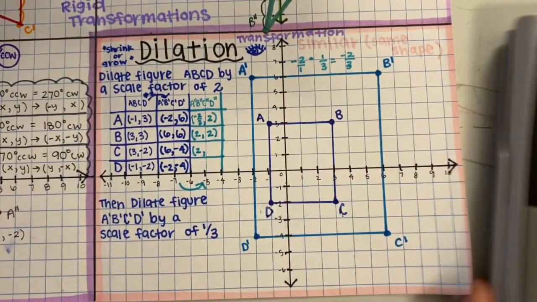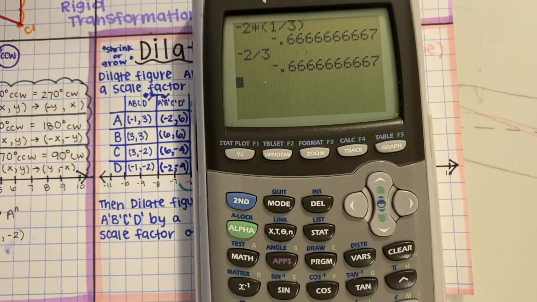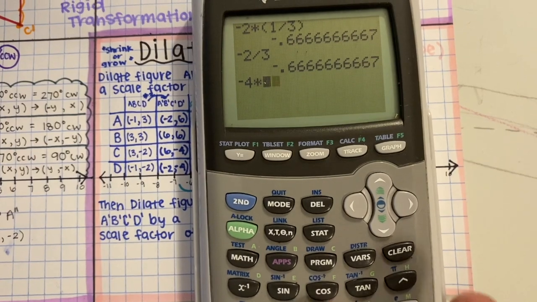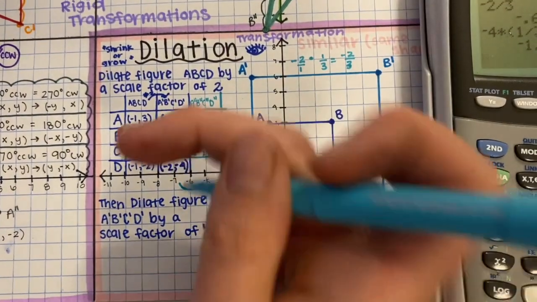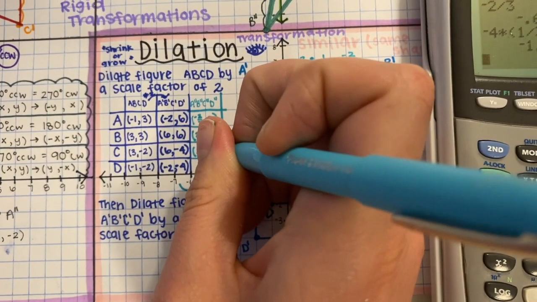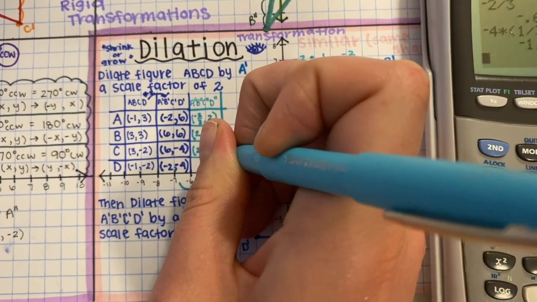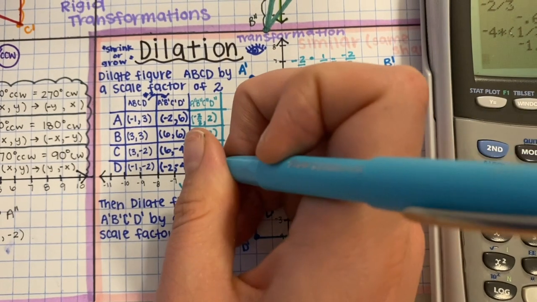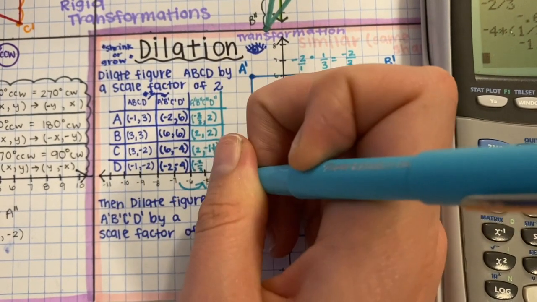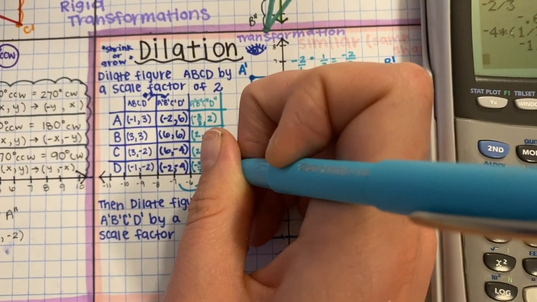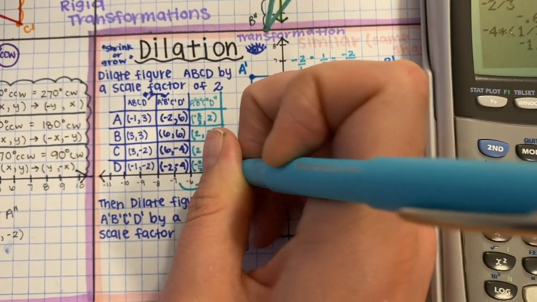-4 times 1/3 is -1 1/3. We've got our -2/3 again, and our -1 1/3.